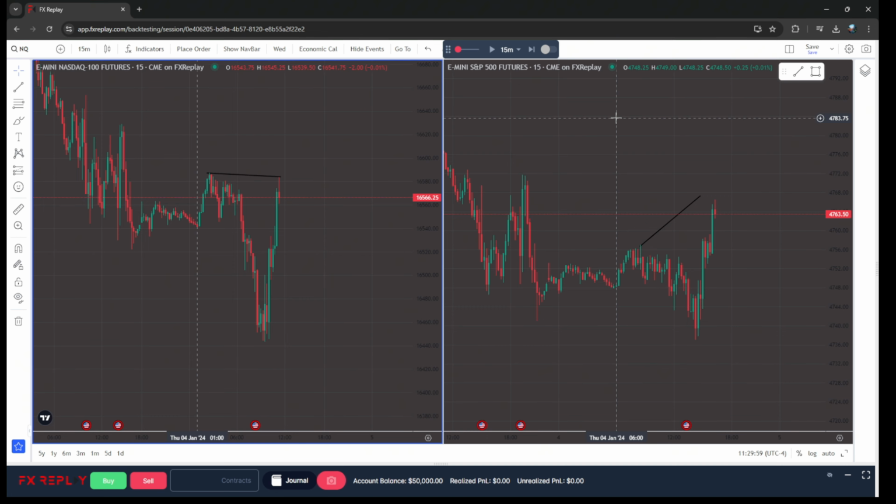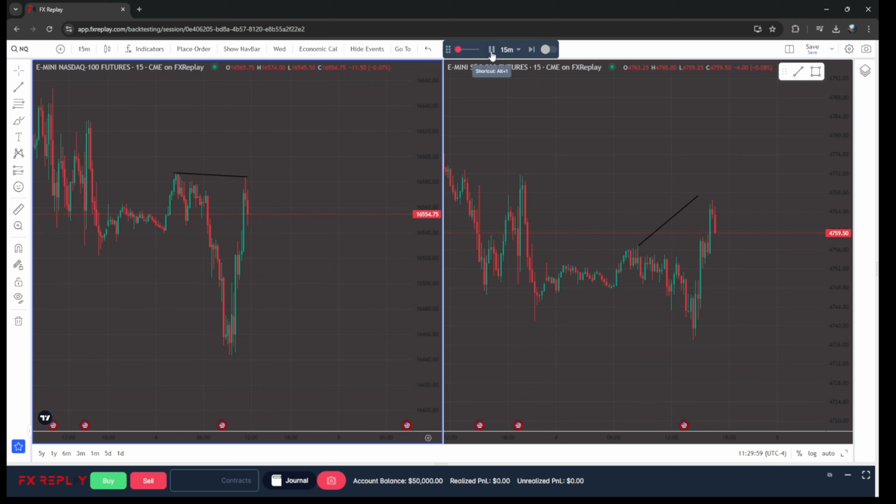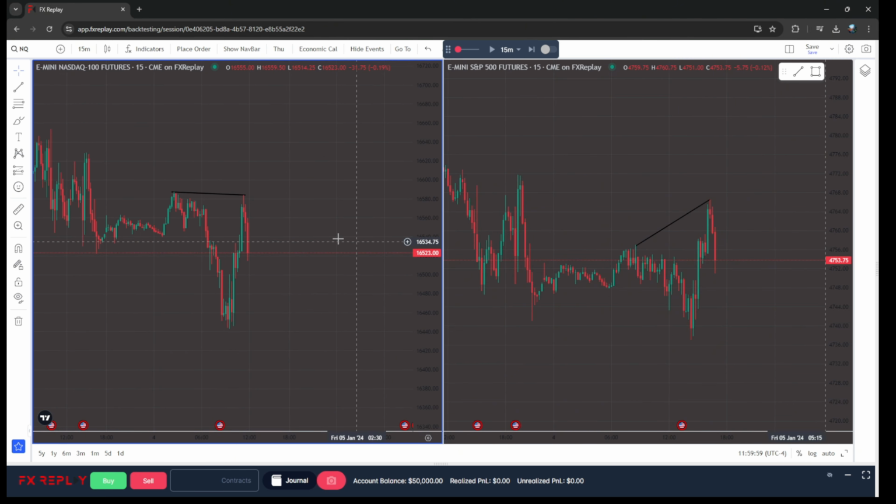But here's another example. We had NQ make a higher high, and then NASDAQ made a high and a lower high, completing the SMT, and from there we just dump.